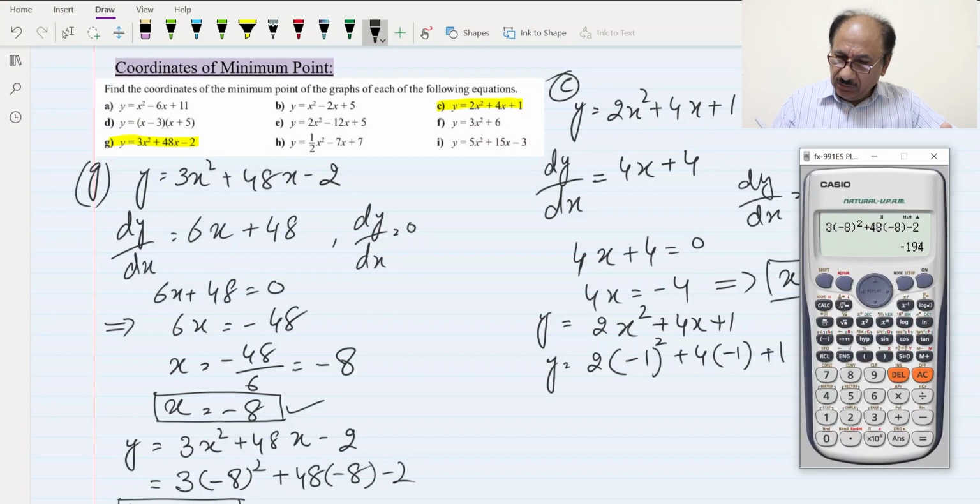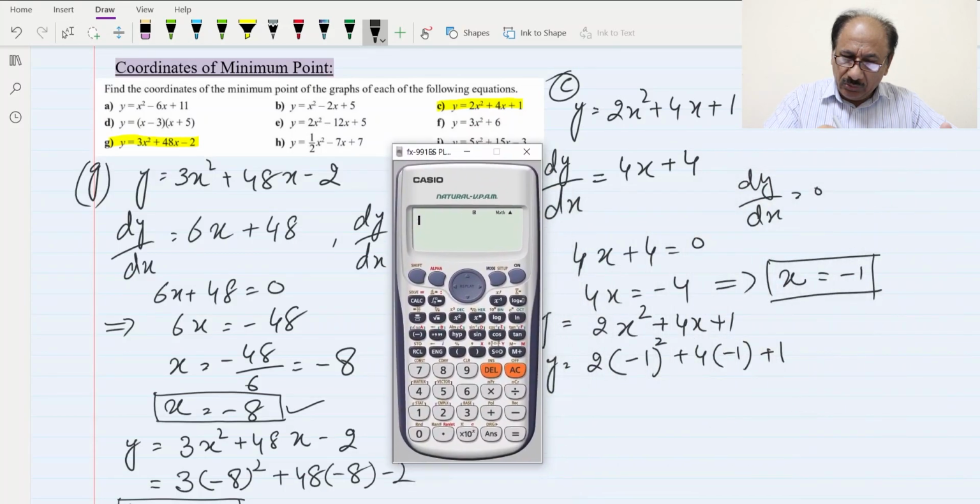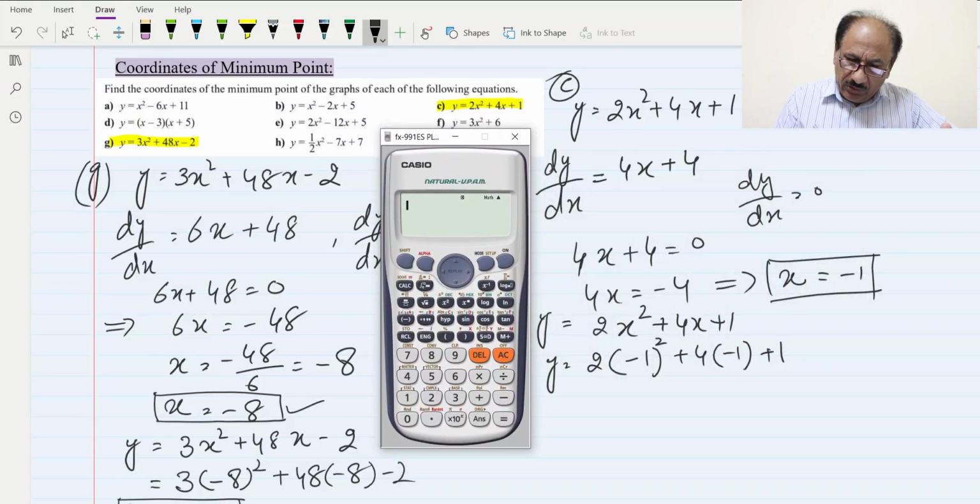You can go to the other video which I have uploaded, and that will be the explanation for how to take a derivative. So this is 2 into minus 1 squared, plus 4 into minus 1, plus 1.